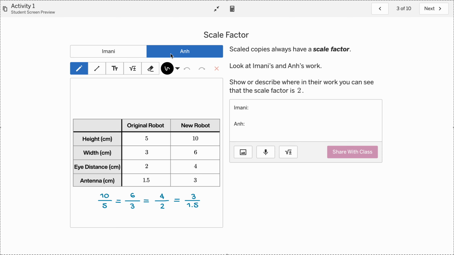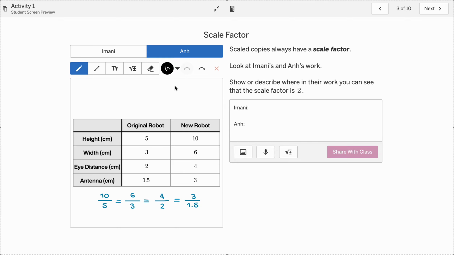But when I look at An's work, it looks a little different. Down here, she's made fractions or ratios. I like to say that because when we think about proportions, we know they're ratios and they stay equal to the other ratio.